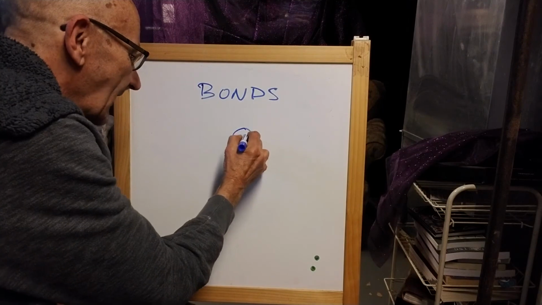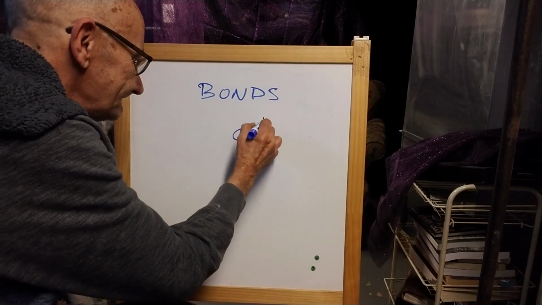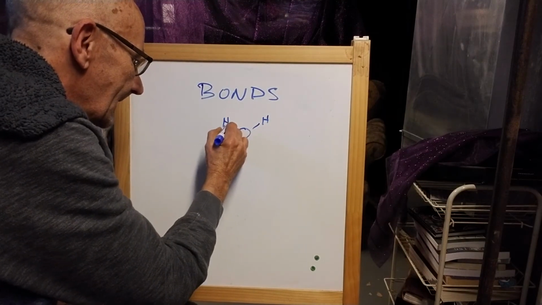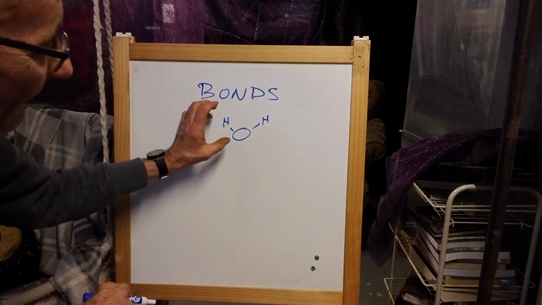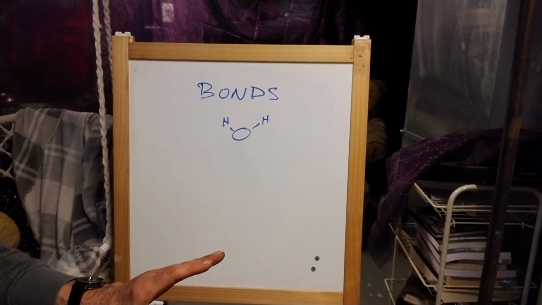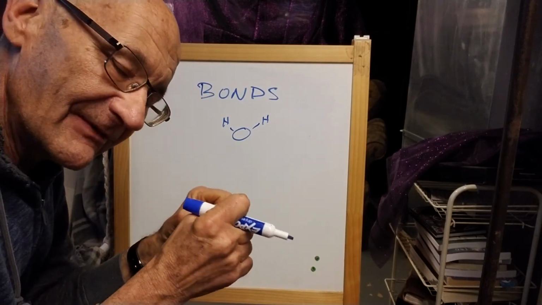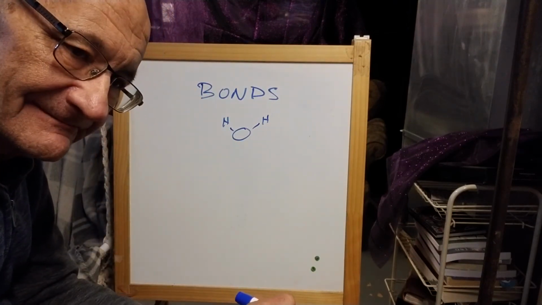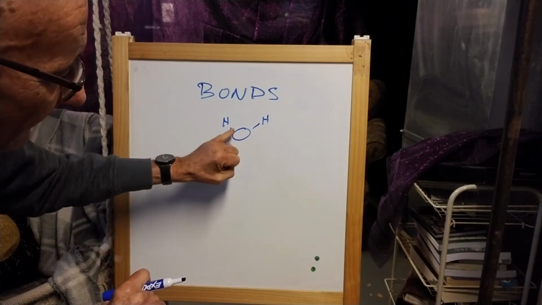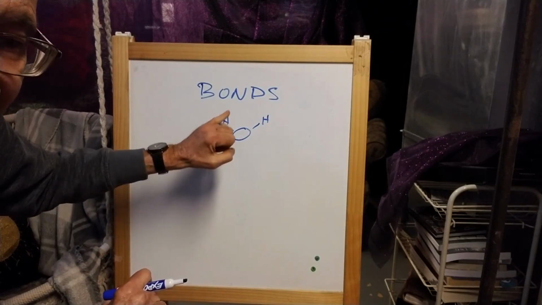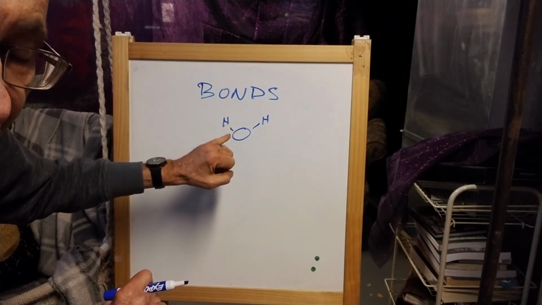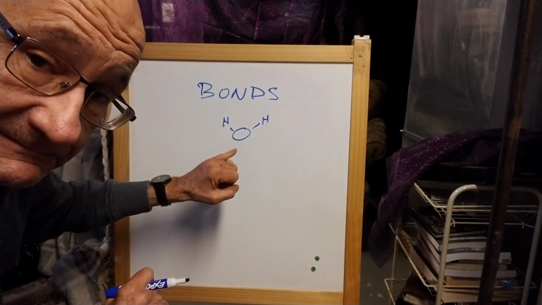Once again, like water, H2O. When those combine, it takes energy to create those bonds. Think of it this way. It's an investment. The energy goes into the bonds and stays there until the bonds are broken.